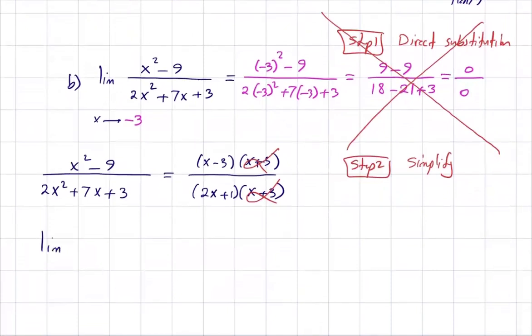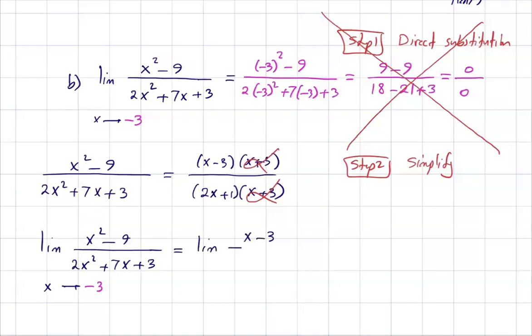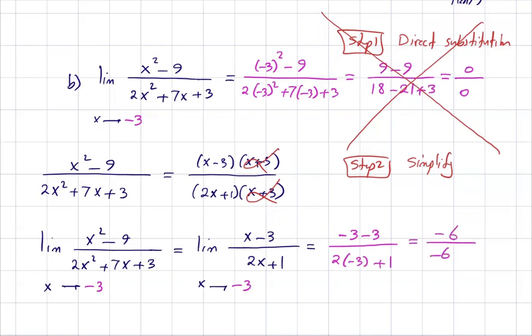So the limit of x squared minus 9 divided by 2x squared plus 7x plus 3 as x goes to negative 3 is the same as the limit of x minus 3 divided by 2x plus 1 as x goes to negative 3, which in turn is equal to negative 3 minus 3 divided by 2 times negative 3 plus 1, or negative 6 divided by negative 5, or 6 over 5.